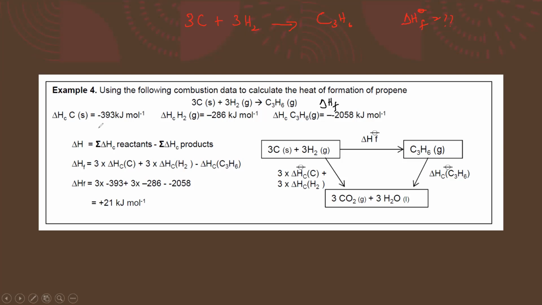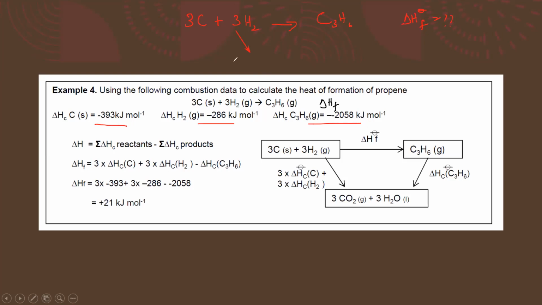And the enthalpy change of combustion of carbon is given, combustion of hydrogen is given, and combustion of propene is given. If we burn carbon and hydrogen, the combustion needs oxygen. So what will be the product? It will produce carbon dioxide.